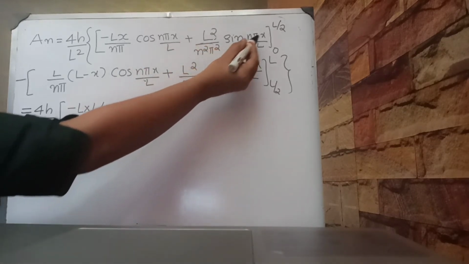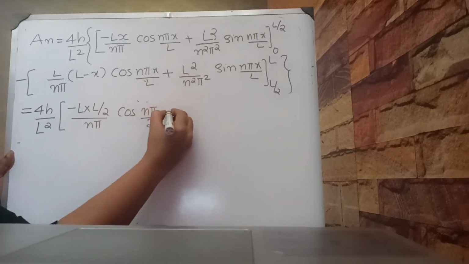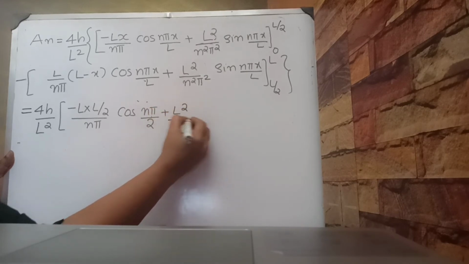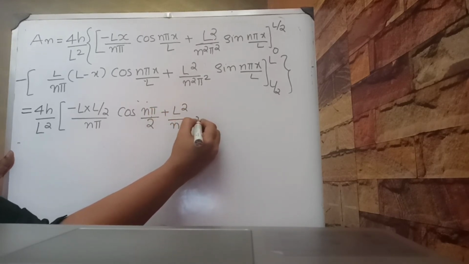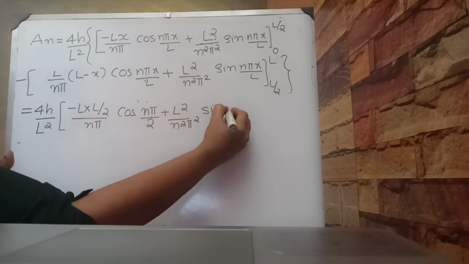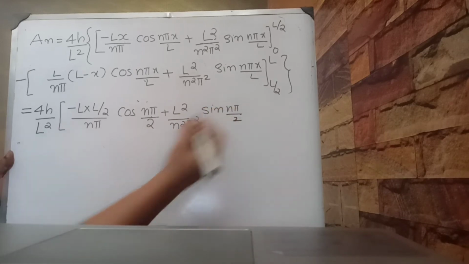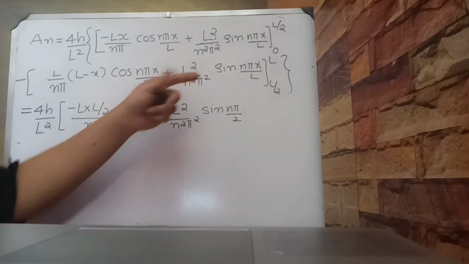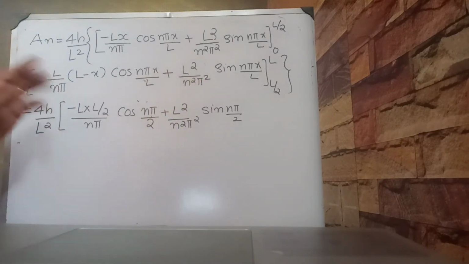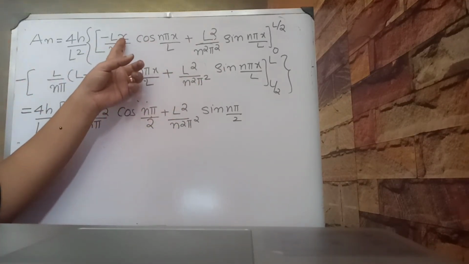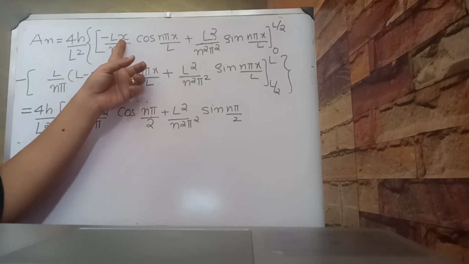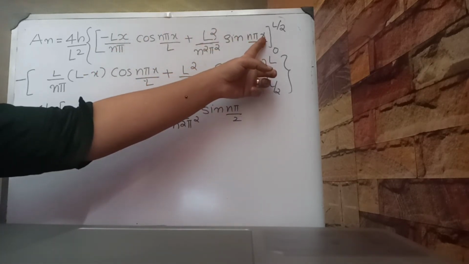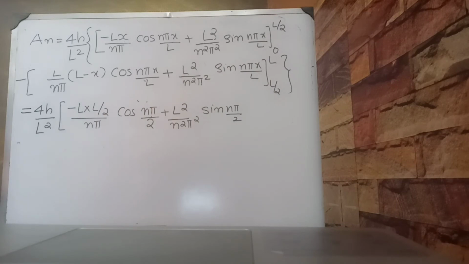Now here you have to put x equal to L by 2, it is equal to plus L square by n square pi square into sin n pi by 2. So when we give the upper limit L by 2 we get these two terms. Now we have to put x is equal to 0. So here when x is equal to 0 the first term is 0. When x is equal to 0 we have sin 0 which is 0. So when you apply the lower limit both the terms vanish.